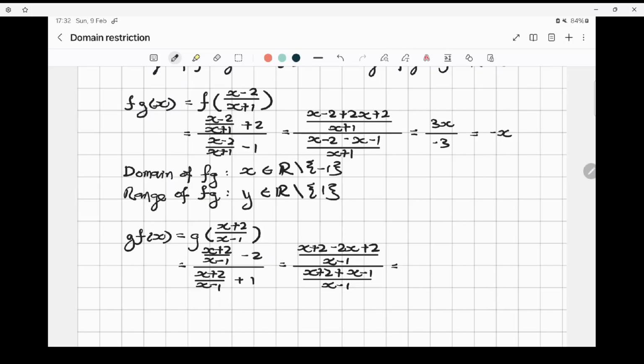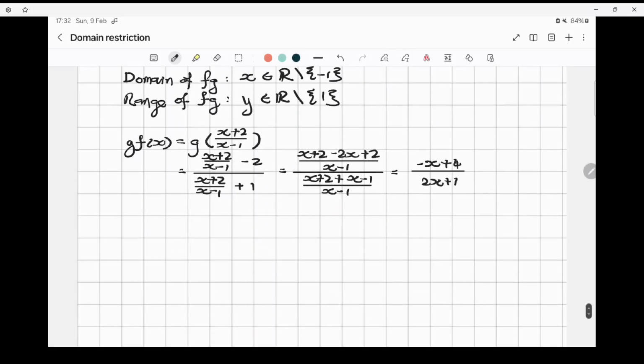So same thing, x minus 1 gets cancelled off. In the end, you would get minus x plus 4 divided by 2x plus 1.